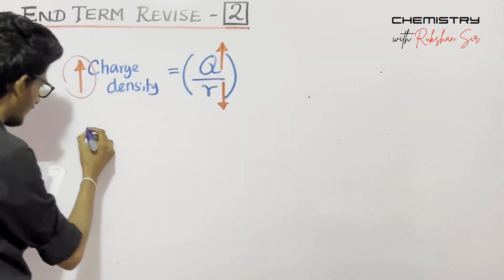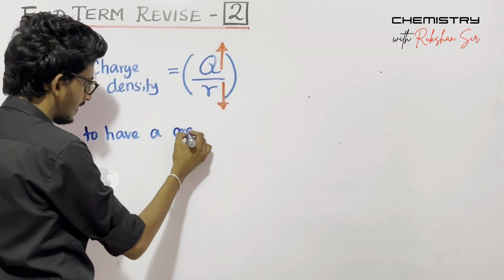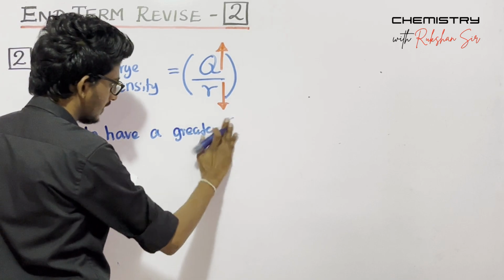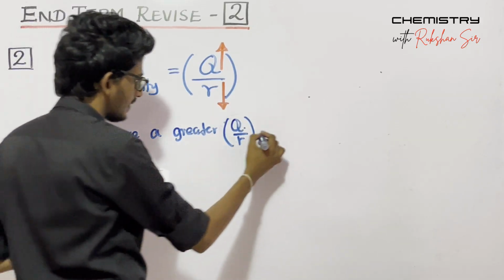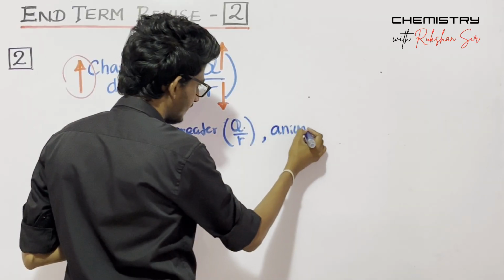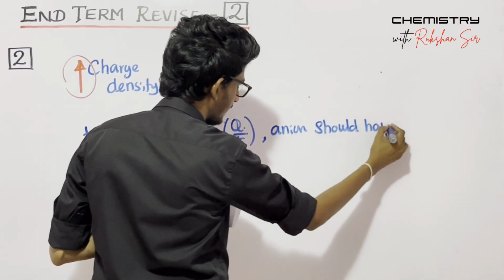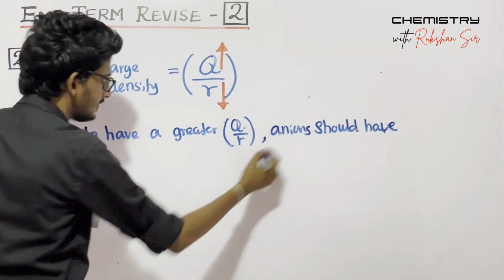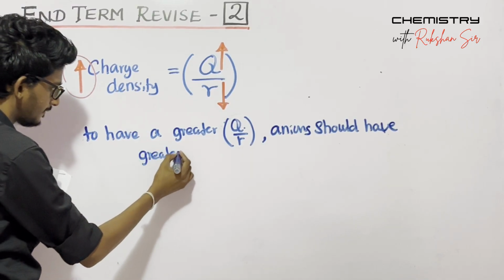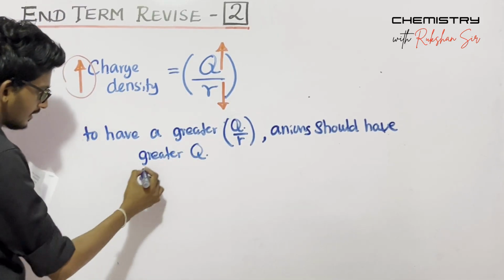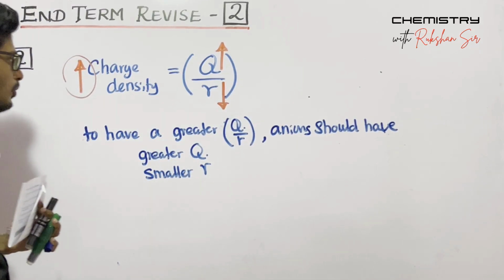So one can say, to have a greater charge density, anions should have greater charge and smaller size.